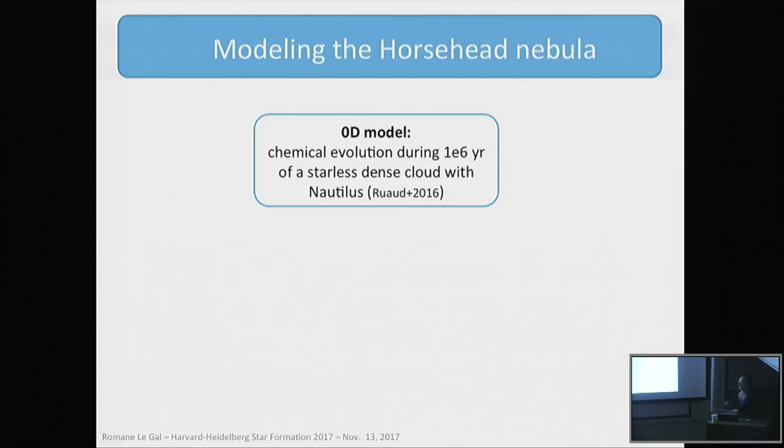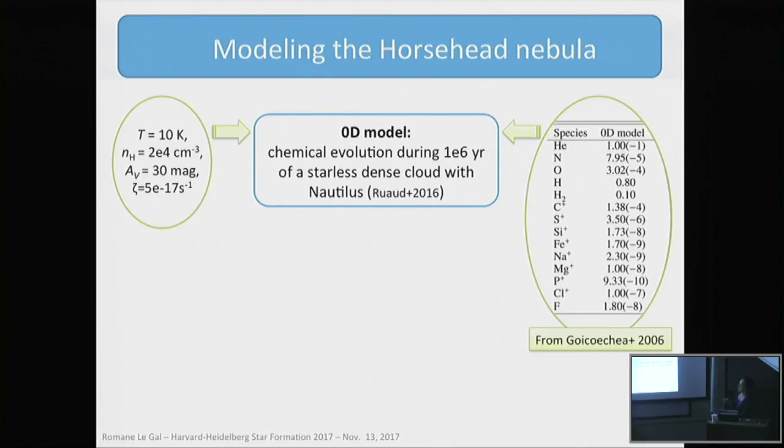that starts from a 0D model, for which we first form a starless dense cloud where the sigma Orionis star will be formed and the photodissociation region will form also. For that, we run a classical dense cloud model, for which we use as physical conditions a typical temperature of 10 K, a density of 2 × 10⁴, a strong visual extinction, so we took 30 magnitudes here, and for the cosmic ionization rate, we took 5 × 10⁻¹⁷.